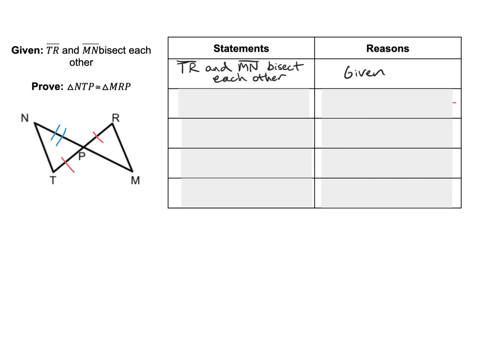Now we do need to put two tick marks on those because we don't know that those lengths are equal to each other. And those markings are exactly what we put in our statement box. So notice how our given led to the fact that TR is getting split into two equal parts, TP and PR being congruent.